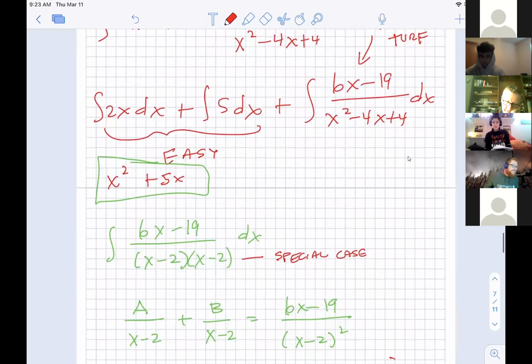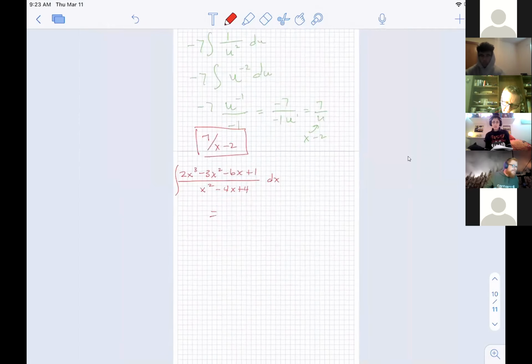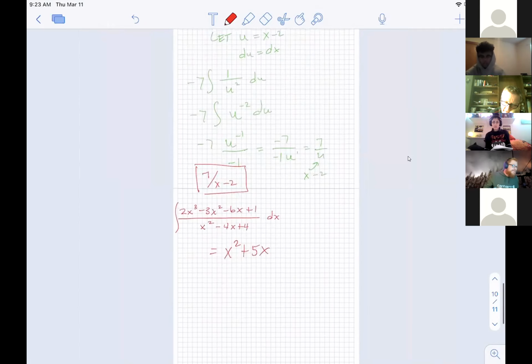There's the easy ones, x squared plus 5x, from the whole numbers. And then we had this one right here, 6 natural log of x minus 2.